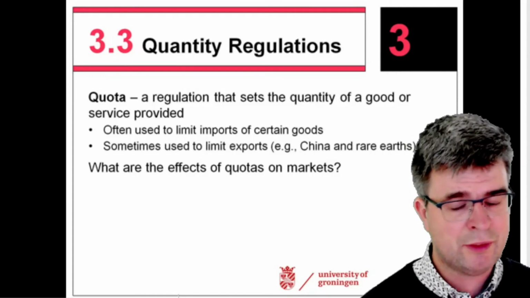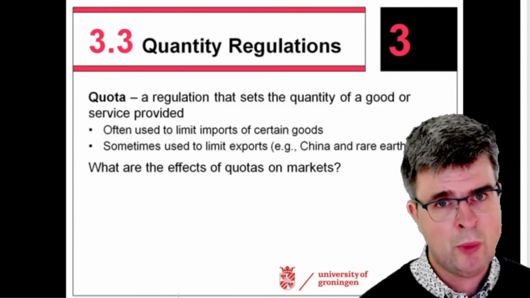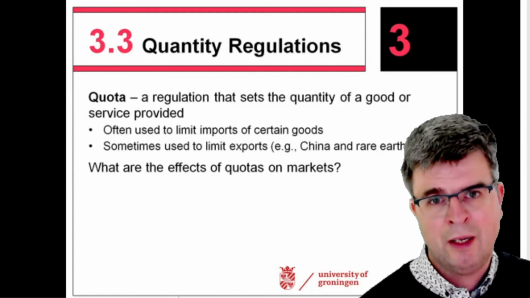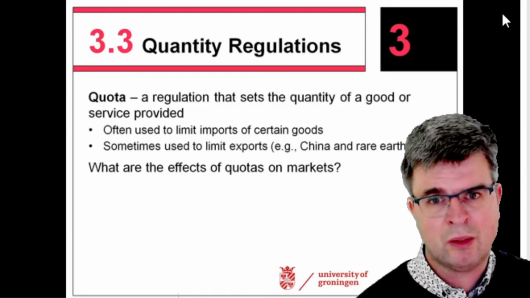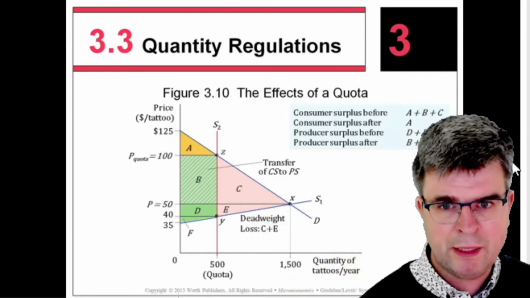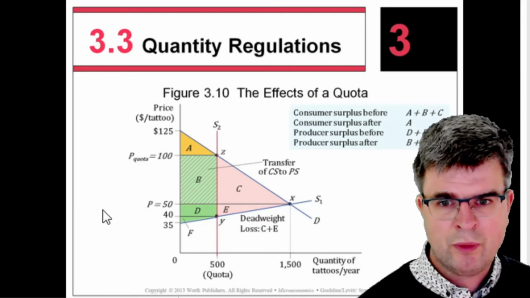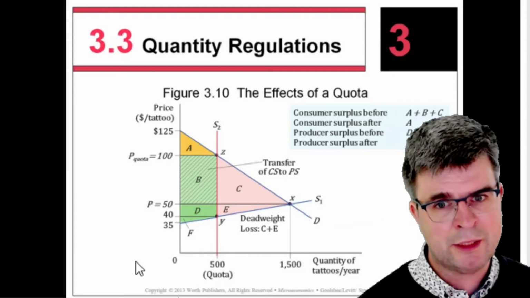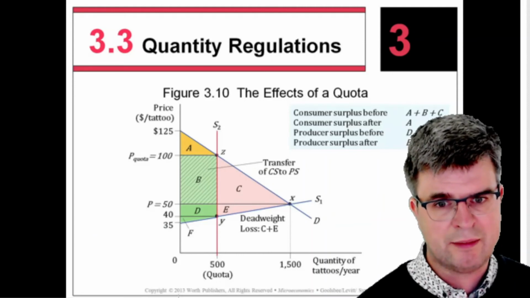And the natural question is, what is the impact of a quota on markets? How distortive are quotas as measured by the deadweight loss that they generate? Now let's go into that. Similar pictures, but now we don't have a red horizontal line because we do not fix the price, but we fix the quantity instead.